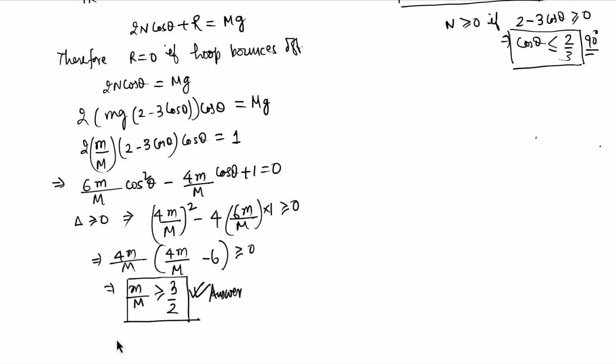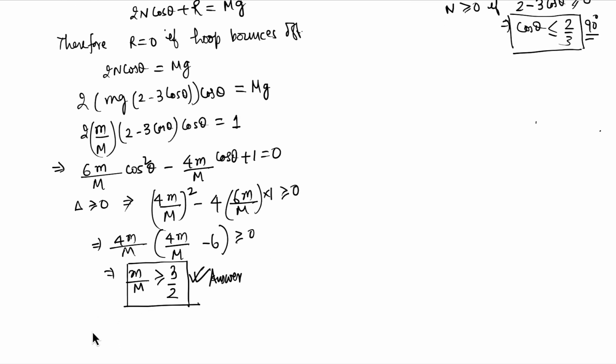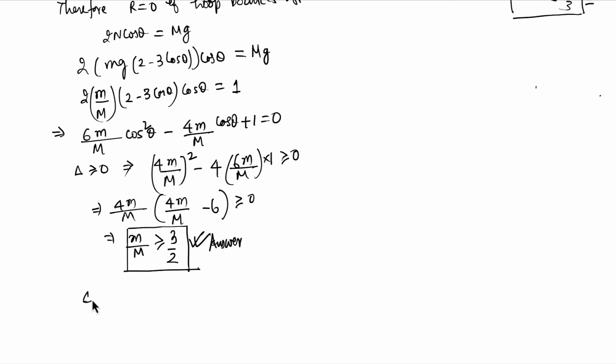Now, what is the angle theta for this condition? We can write cos theta is 4 m/M divided by 6 m/M into 2, so that should be equal to 4 by 12.